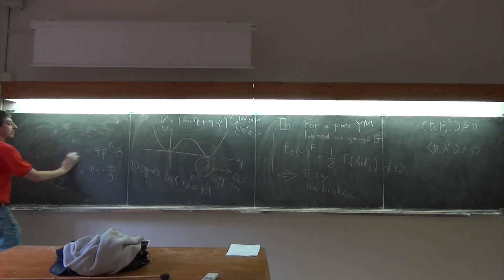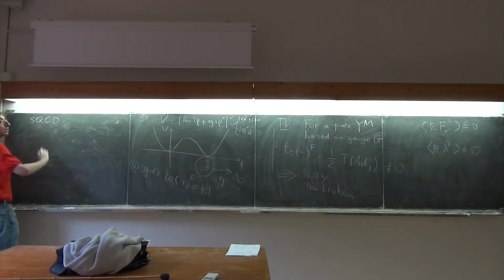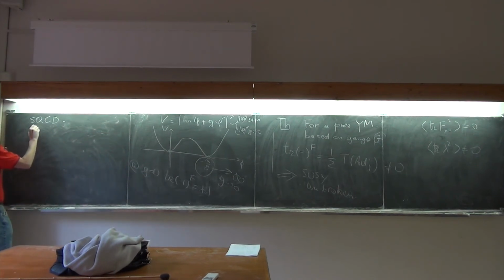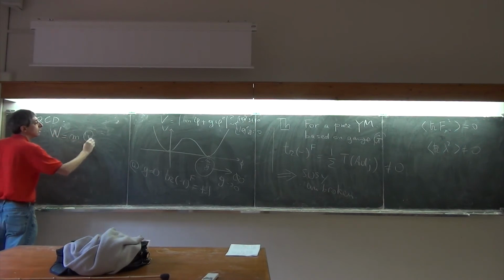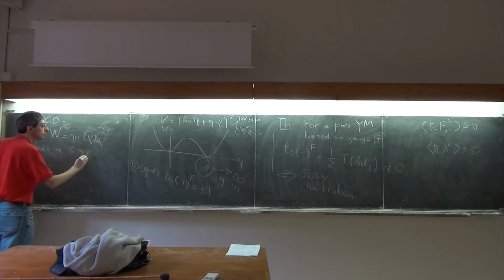But there is an important caveat that I have to mention, because it has been extremely popular and studied in the last decade. So, super QCD, which is after all a gauge theory with gauge group SU(N), with a superpotential W of this type, has, let's say it this way, a SUSY vacuum, at least one.